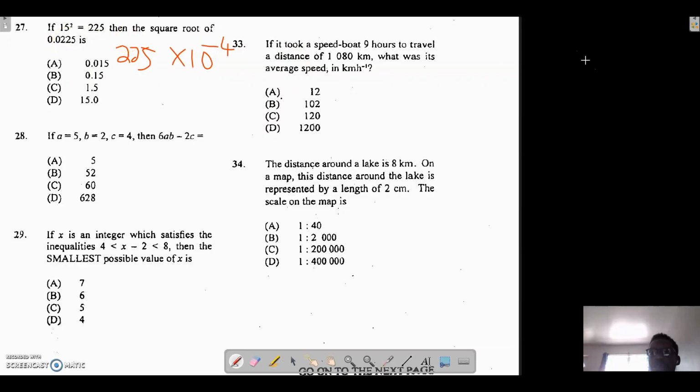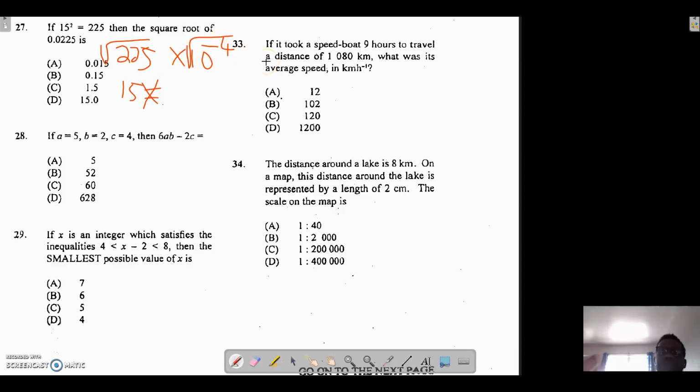Now what we want is the square root of it. So the square root of this and the square root of that. When I square root 225, it's simply going to give me 15, because 15 squared is equal to 225. What about when I square root 10 to the minus 4? When you square root a number, it's the same thing as half in the power, because the square root means a half.